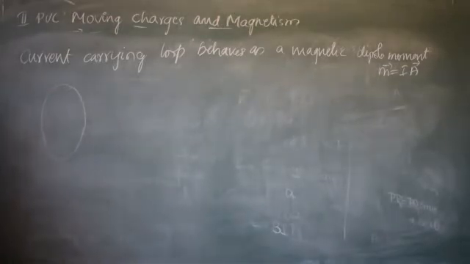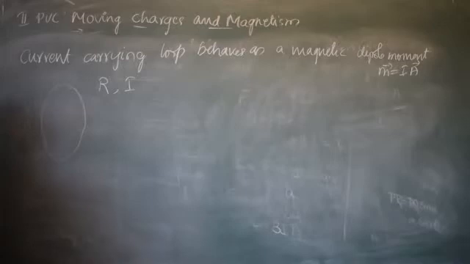Do you remember? Let us consider a current carrying loop of radius R, carrying the current I. Let I be the current through the coil.